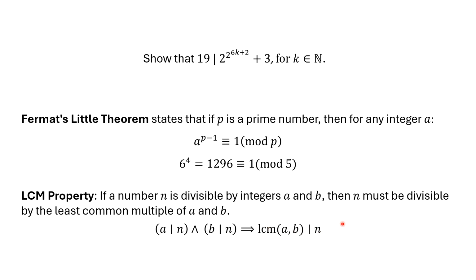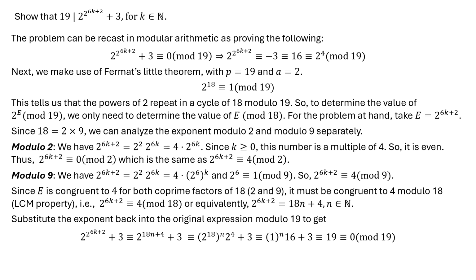Okay, so if you want to try this, pause the video here. Otherwise, I'll give you the solution on the next slide. I copied our problem from the previous slide, put it up here. And so this is equivalent to 2 to the (2 to the 6k plus 2) plus 3 being congruent to 0 mod 19.